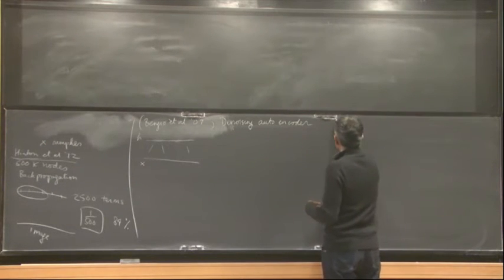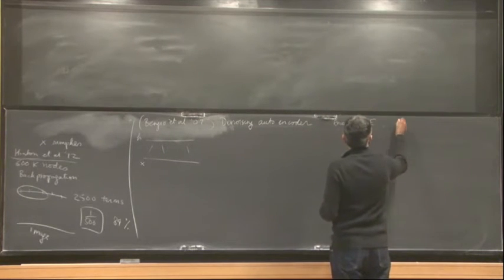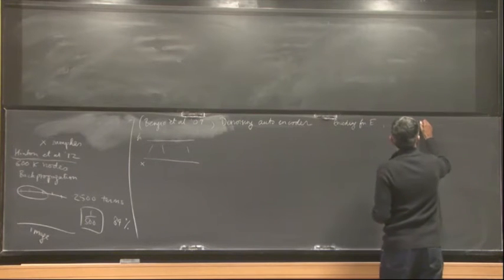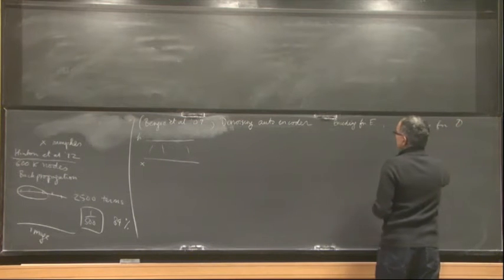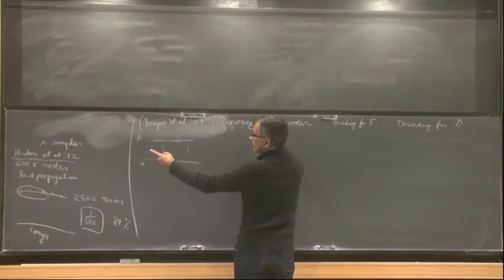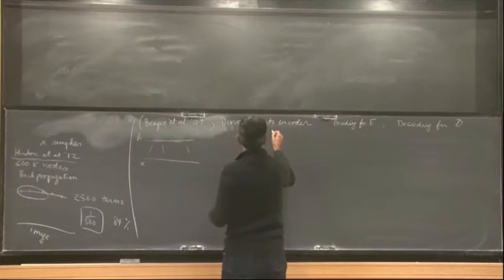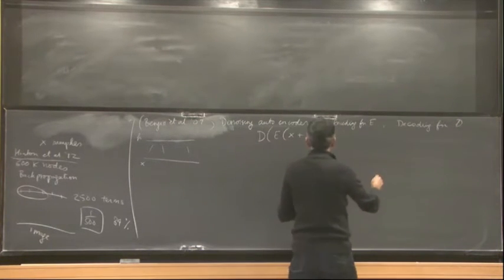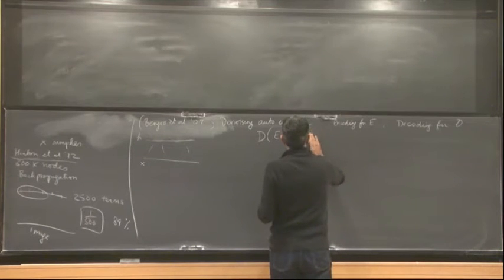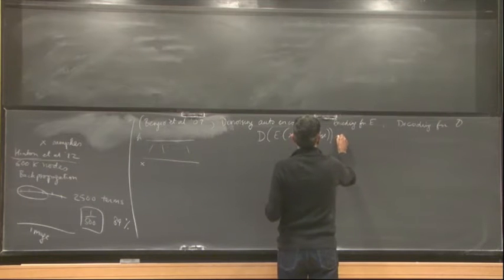So you have an encoding function and a decoding function D, and you want the property that the decoding of the encoding of x plus noise is approximately equal to x.